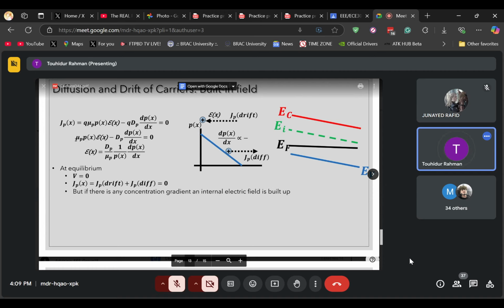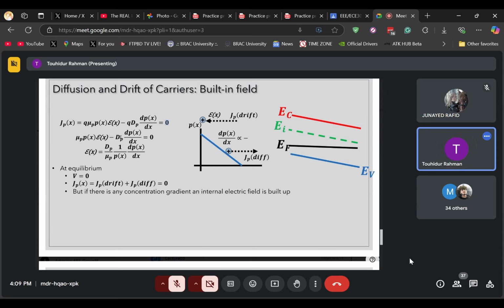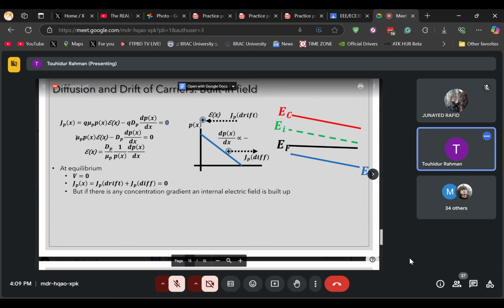If we do the math, we can divide the entire equation by q, and q will cancel out because we have 0 here. If we divide the entire equation by mu p, we will get pE minus D by mu dp/dx.